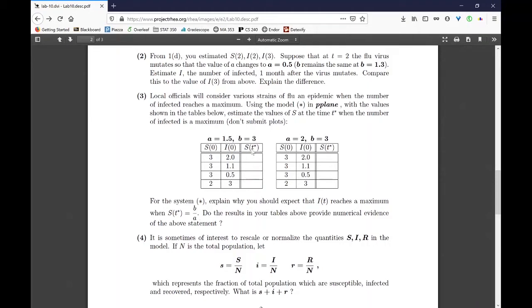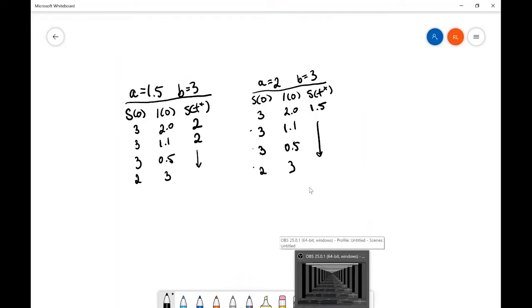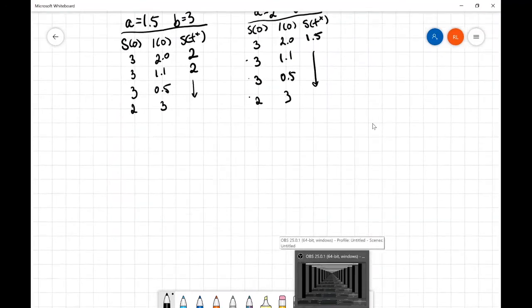And we did see that the number susceptible at the maximum infected was indeed 2. Again, b equals 3, a equals 2, 3 over 2 is 1.5, and we see that the number susceptible was indeed 1.5 there. Now, why do we expect this to be true?